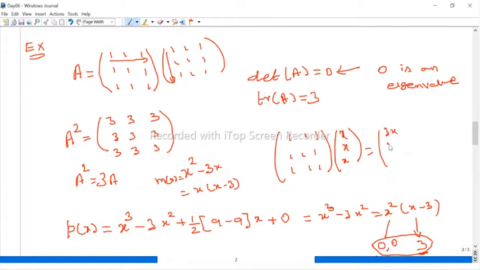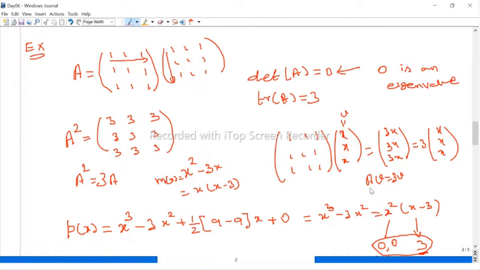So all the terms will be 3x, 3x, 3x. You can take 3 outside, therefore x, x, x. Therefore we get AV equal to 3 times V, where V is x, x, x. Therefore this is the eigenvector of A corresponding to the eigenvalue 3.